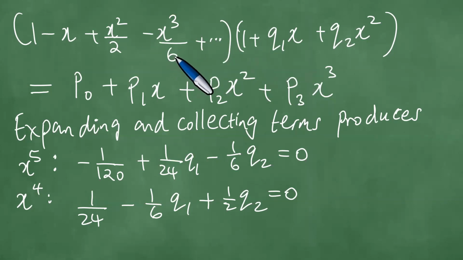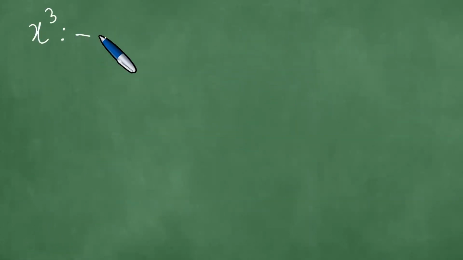So it's tricky to look at it, but it's easier this way. So we're looking for what? We're looking for x cubed. So x cubed is going to rise if you multiply 1 with minus x cubed over 6. So there's going to be a minus 1 out of 6.